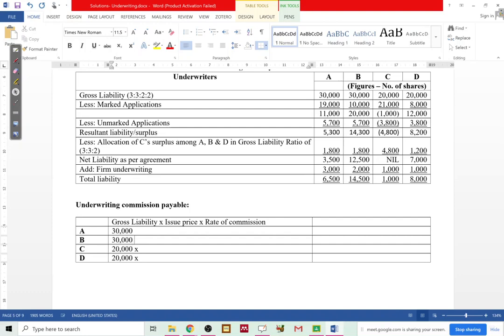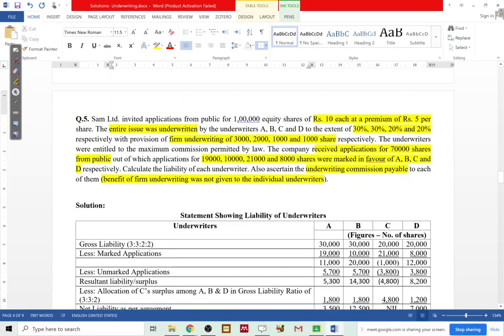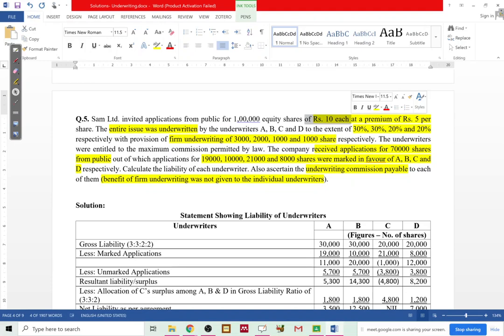Now let's see what is the issue price given in the problem. Go back to your problem, and in the very first case you are told that Sam Limited invited applications from the public for 1 lakh equity shares of rupees 10 each. The face value is 10, but they are sold at a premium of rupees 5 per share, which means the actual selling price was 10 plus 5, 15 rupees.